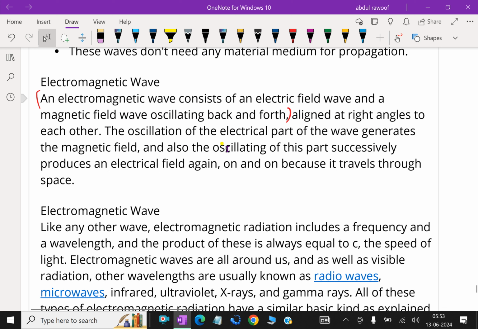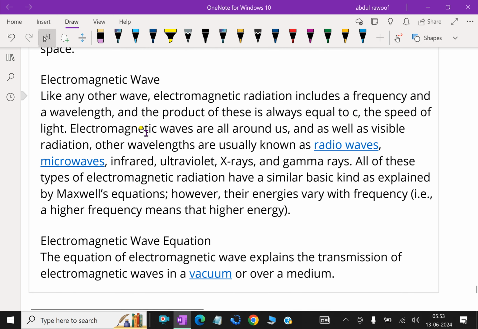The oscillation of the electric part of the wave generates the magnetic field, and the oscillating magnetic part successively produces an electric field again, on and on, as it travels through space. Like any other wave, electromagnetic radiation has a frequency and a wavelength, and the product of these is always equal to the speed of light, c.